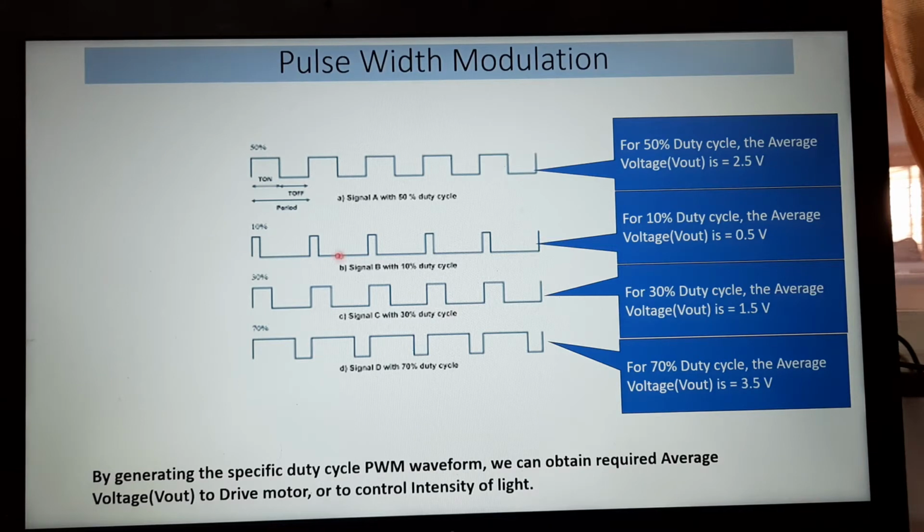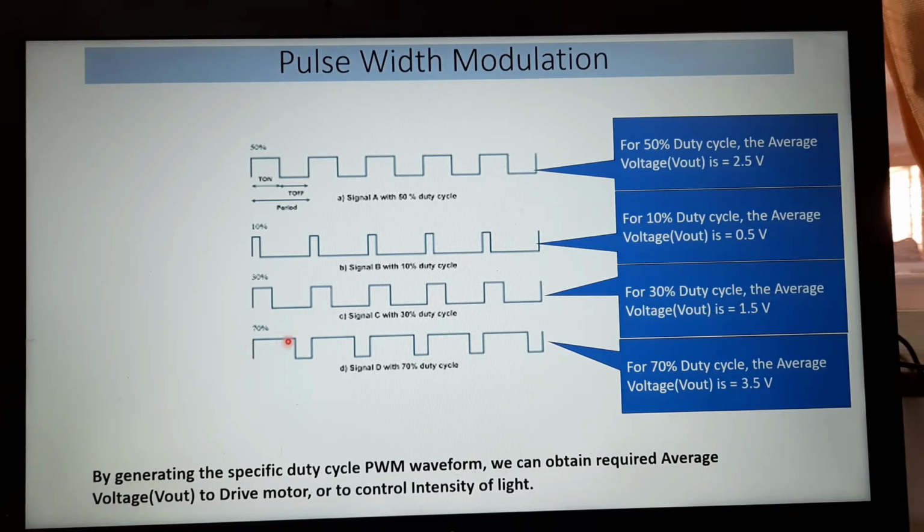If I generate a pulse width modulation of this kind, that means 10% on, 90% off, and keep generating this waveform, I'll get an average voltage of 0.5 volts. Suppose I keep generating a 30% duty cycle pulse width modulated waveform, I'll get 1.5 volts average voltage.